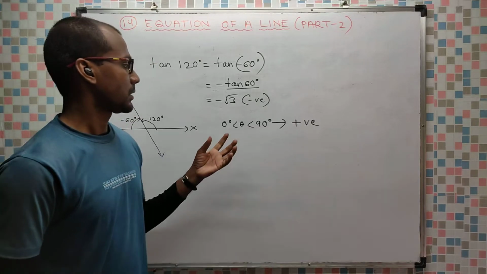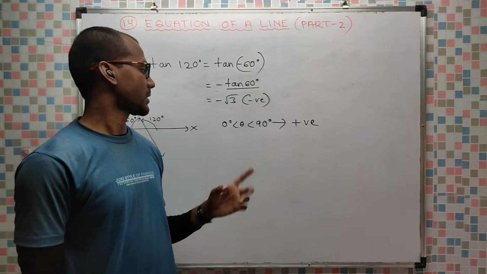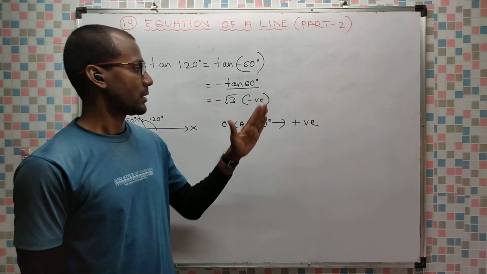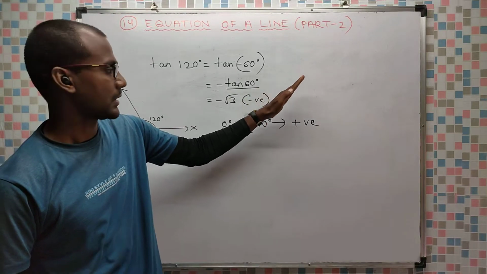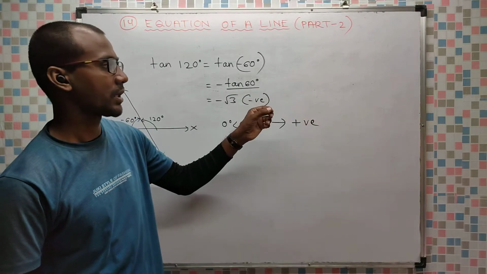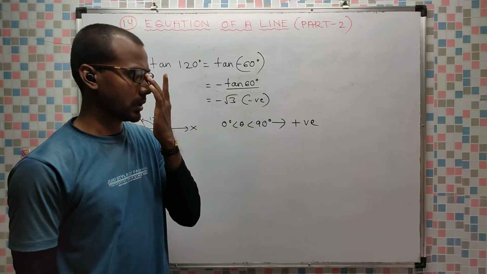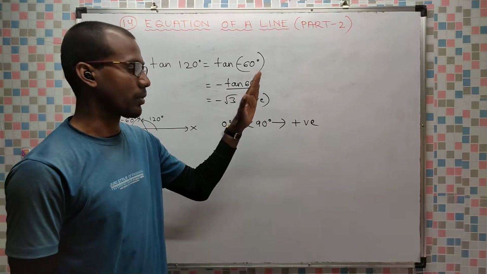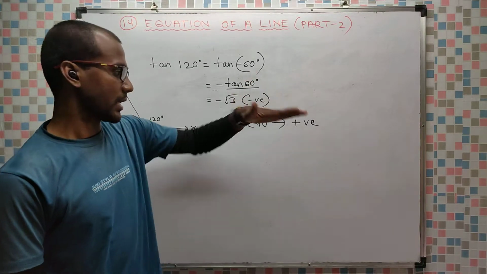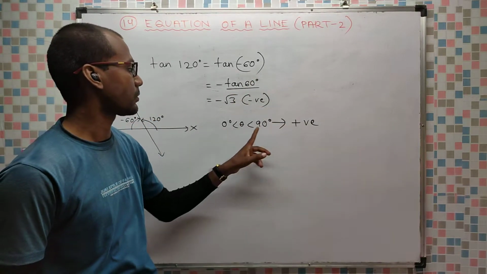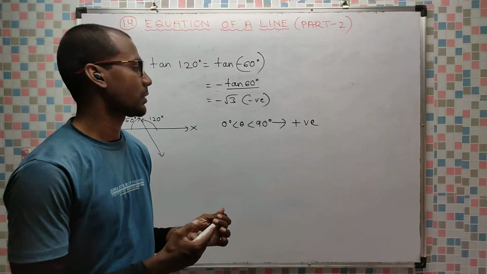See the lines whose angle of inclination is in between 0 and 90, they are like this, move up. A few minutes before I have given the angle of inclination. In that I have told if 0 to 90 then move up, if 90 to 180 then move down. So 0 to 90 then slope is positive, move up.